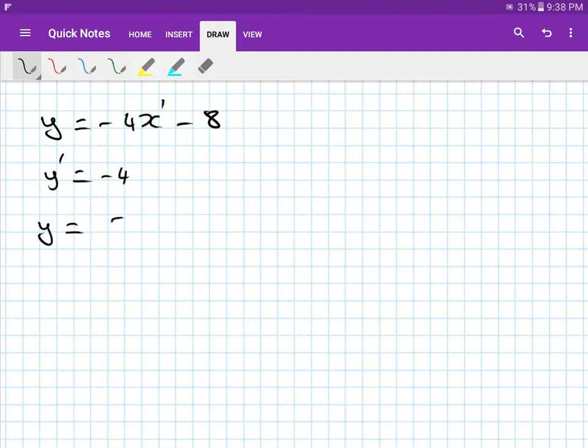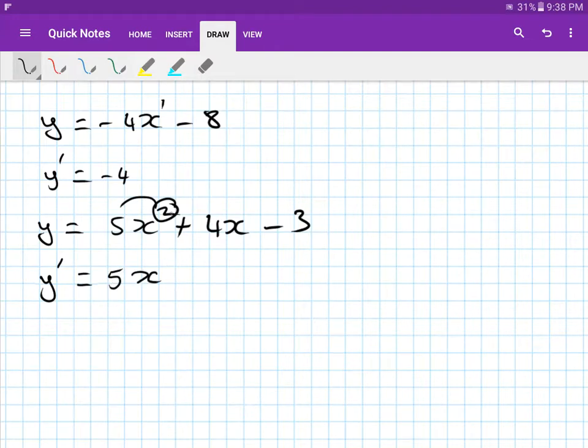Now, next one. Let's say y equals 5x squared plus 4x minus 3. So dy/dx or y dash equals: differentiate this. The 2 you bring in front, so 2 times 5 is 10. 2 minus 1 is 1, so you are left with 10x. And then add: nothing means x power 1, which just means 1, so 1 times 4 is 4.